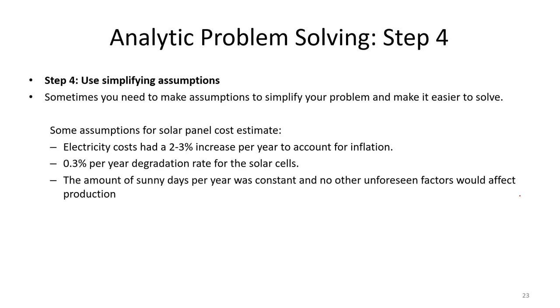Here are some assumptions we could make when doing a solar panel cost estimate. For purposes of cost estimation, we could assume that electricity increases 2 to 3% per year to account for inflation. So we decide on some constant percentage to assume for inflation cost.